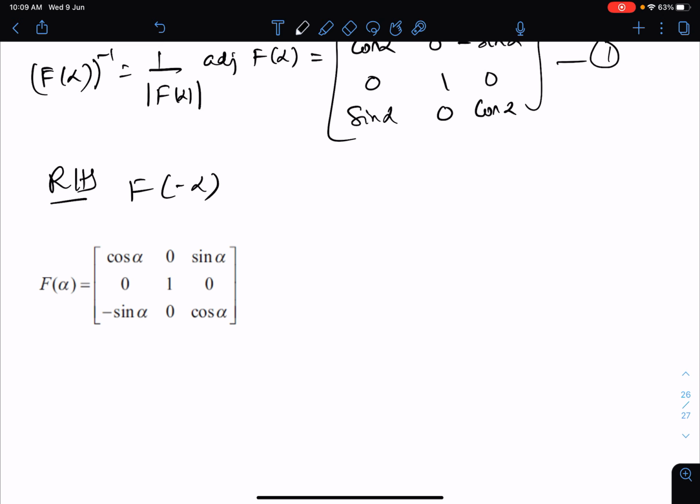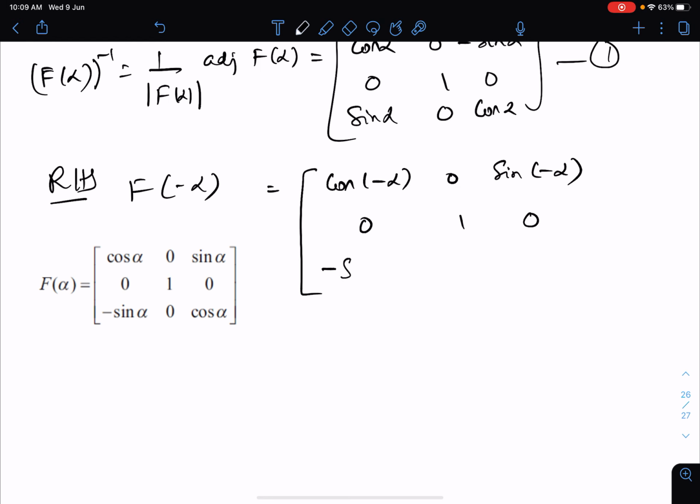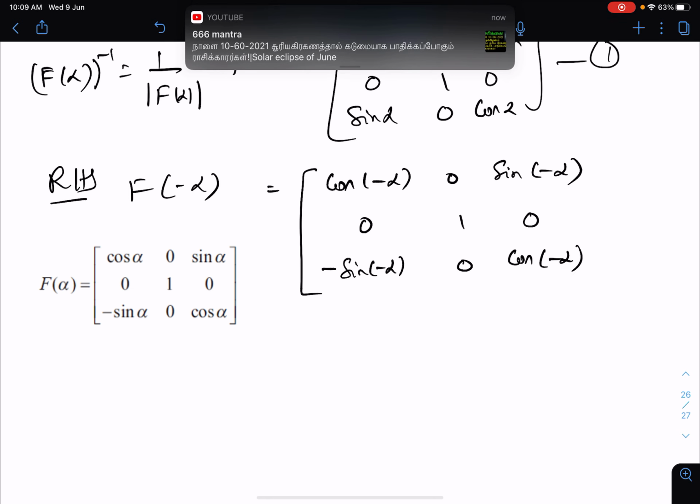Now in this, wherever you get alpha, you are going to substitute minus alpha to get f of minus alpha. So it is going to be cos of minus alpha 0 sine of minus alpha, 0 1 0, third row minus sine of minus alpha 0 and cos of minus alpha.